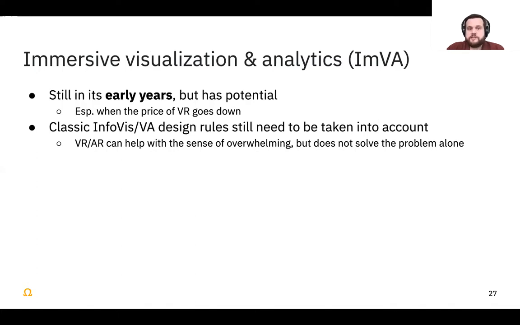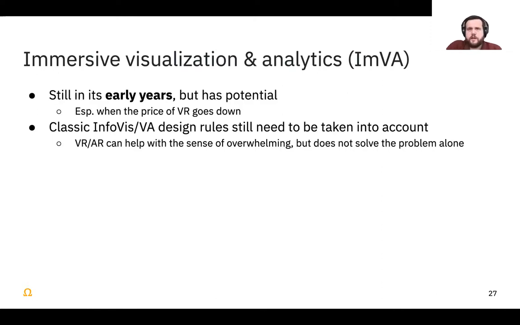Note that classic information visualization and visual analytics design rules still need to be taken into account. VR and AR can help with the sense of being overwhelmed, and can also overwhelm by themselves, but they do not solve the problem alone.